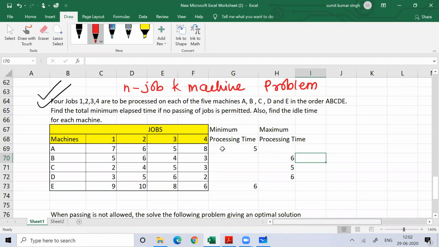Once you find the minimum processing time of the first and last machine, and the maximum processing time of the remaining machines, now we can see whether we can convert this into a two machine problem or not.